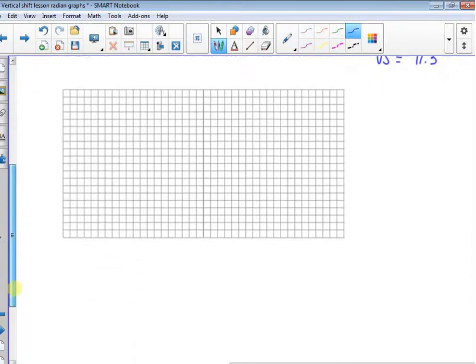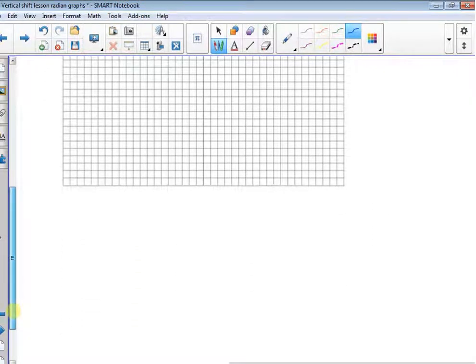So now down here, I'm going to basically set this up. Here's all my points. So this point is 0, 59.4, and this point is 11, 61.4.